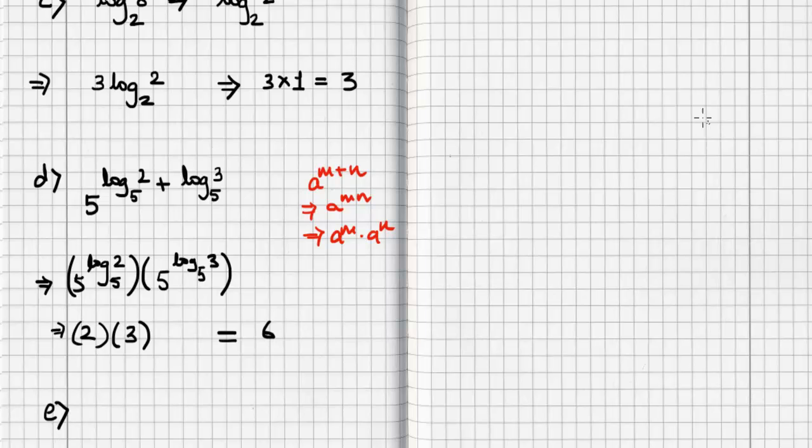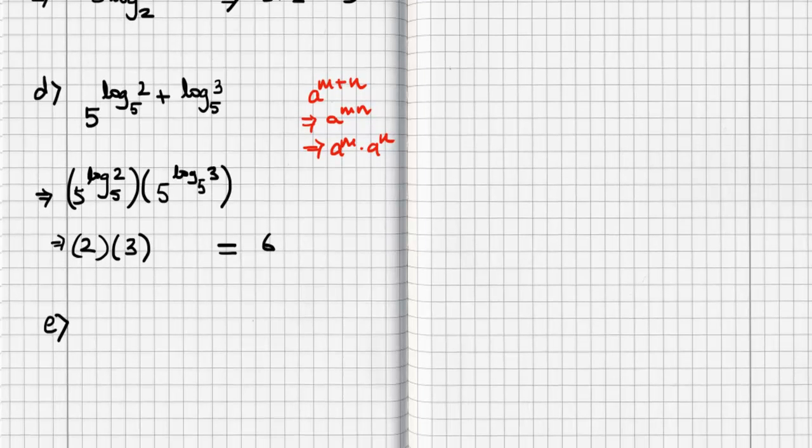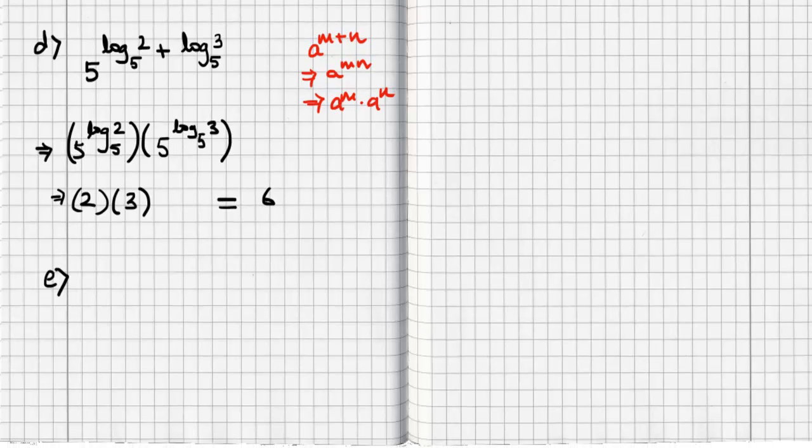Question E. That is 25 to the power log of 7 to the base 5. Okay. Now in this question 25 can be written as 5 to the power 2, to the power log of 7 to the base 5.